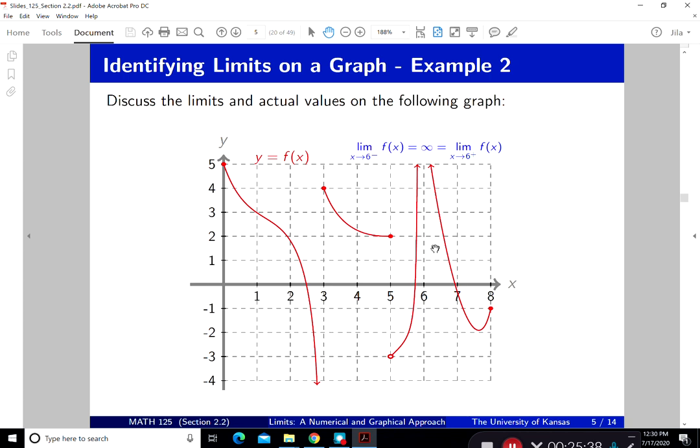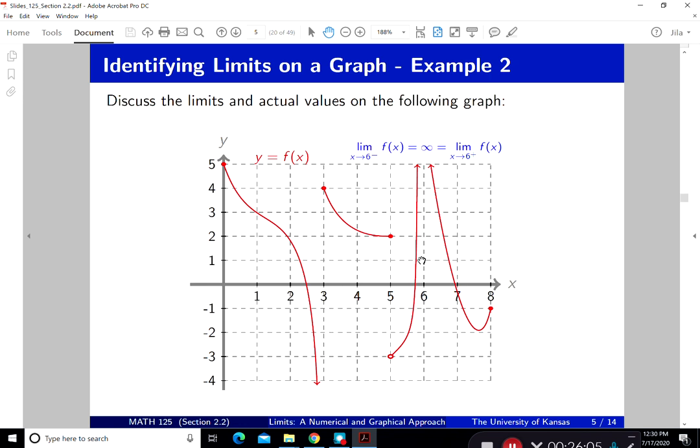Remember, this is a vertical asymptote, and here at x equal to 6 and x equal to 3 there are two vertical asymptotes. We do have a value for the function at 3. We don't have a value for the function at 6. So you can have a vertical asymptote and still have a value for the function at that point, basically.